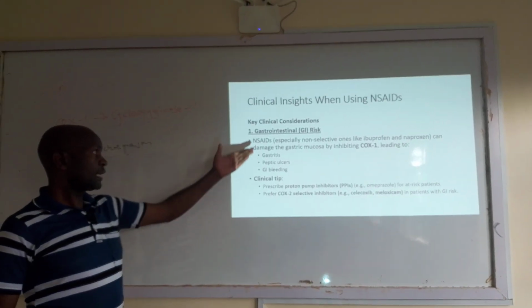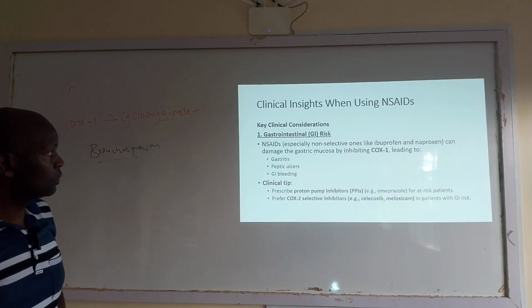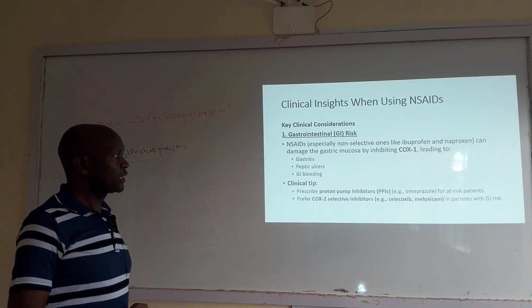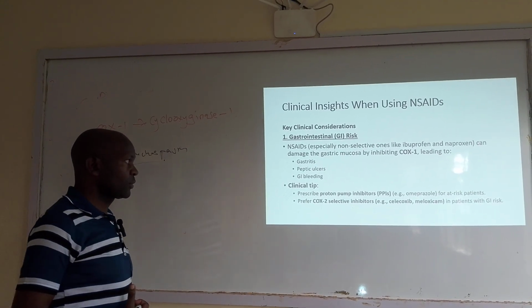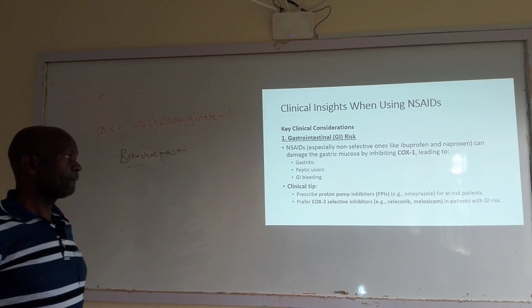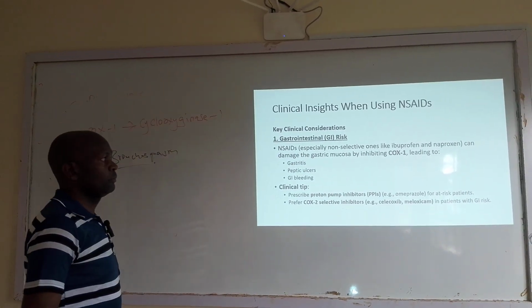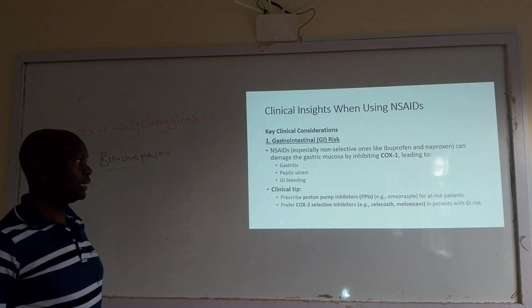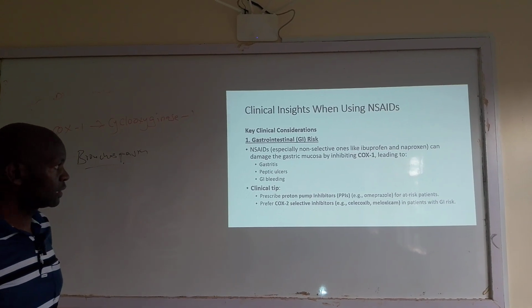Number one, in gastrointestinal risks, what you need to know is that NSAIDs, especially the non-selective ones, can damage the gastrointestinal mucosa by inhibiting COX-1. Remember, COX-1 provides prostaglandins, which play a role in protective functions of the intestinal lining.